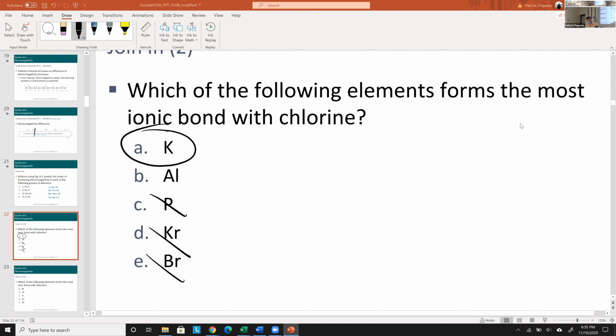We have answers. We have four answers. Al, good. So Al, because what's the charge of Al? +3, right? So Q1 is going to be 3, and for chlorine, the Q is going to be 1. So Q1 times Q2 is going to be equal to 3. Whereas for potassium, K is going to be 1, Cl is also 1, so it's going to be 1.